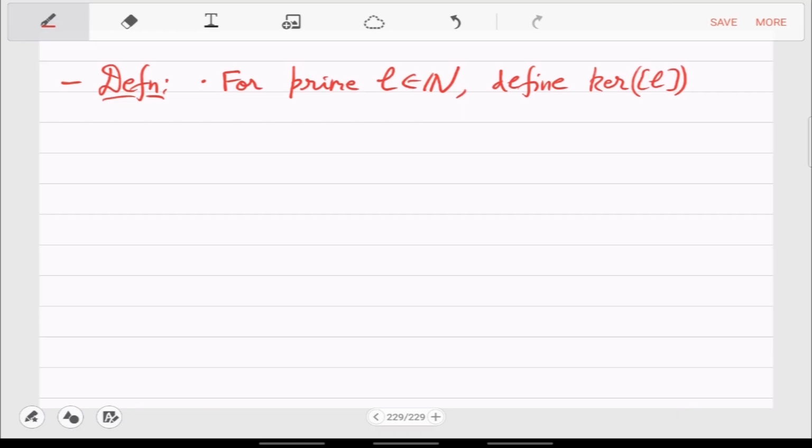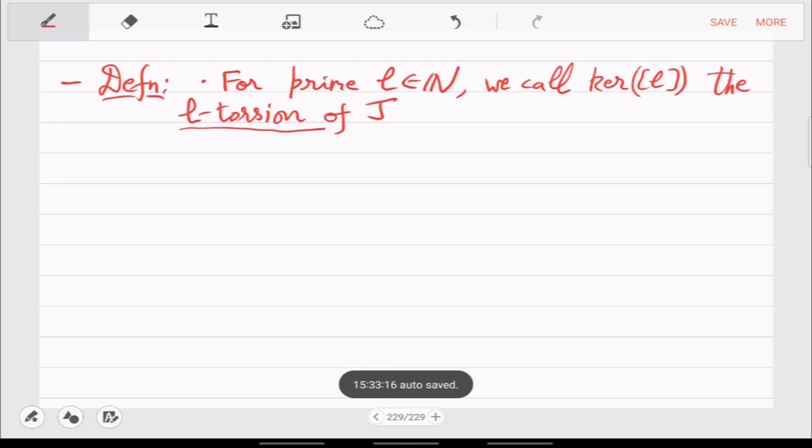So this we call the L torsion of the Jacobian, and we denote it by J[L].